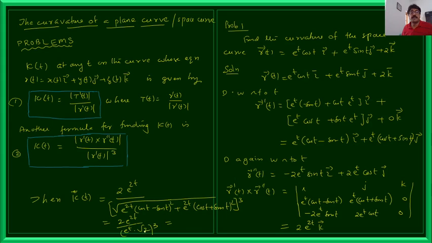Root 2 whole cube is 2 root 2, the 2 cancels, and e raised to t also cancels. The denominator has e raised to 3t, so e raised to 2t divided by e raised to 3t is e raised to minus t. Therefore, the final answer is e raised to minus t divided by root 2.